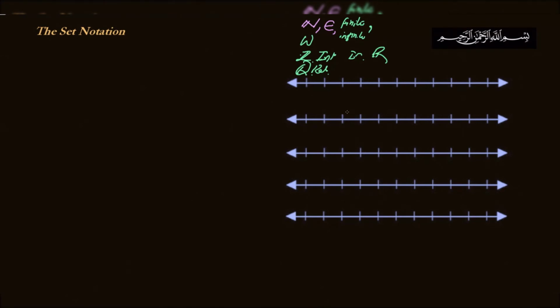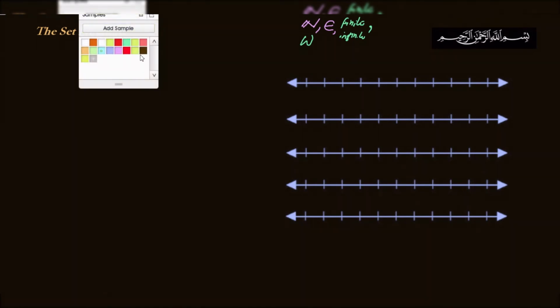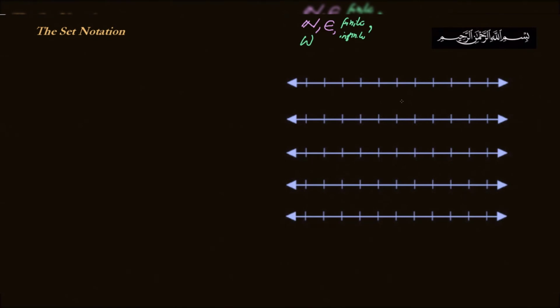And then I told you how we write a descriptive rule for all of these things, right? Now the other thing that I like to do is use the number line to write intervals.